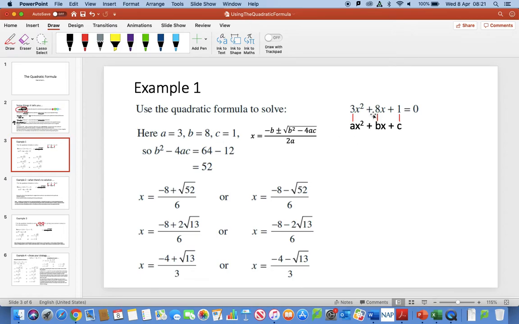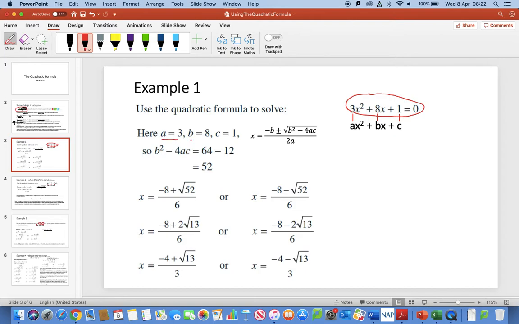So if we take the equation 3x squared plus 8x plus 1 equals 0, using the formula, we substitute in the values of the a, the b and the c coefficients in that formula. We can see that the a will be equal to 3, the b will be equal to 8, and the c is going to be 1.